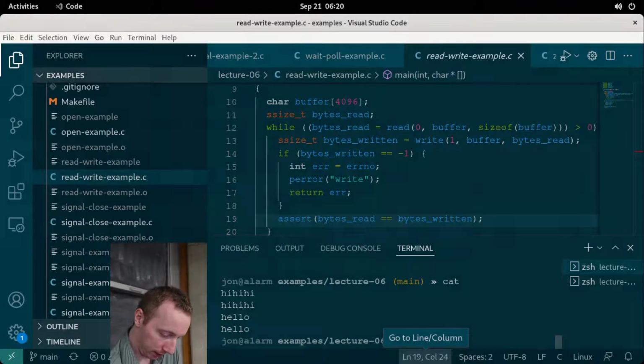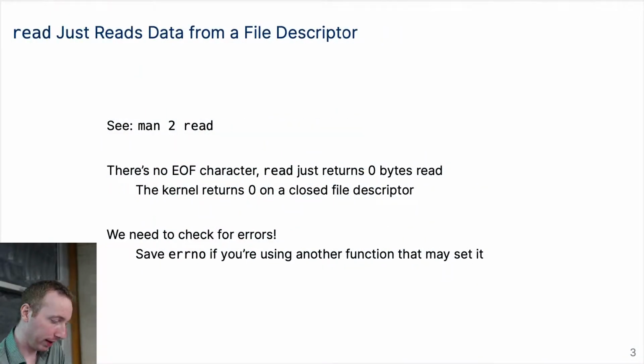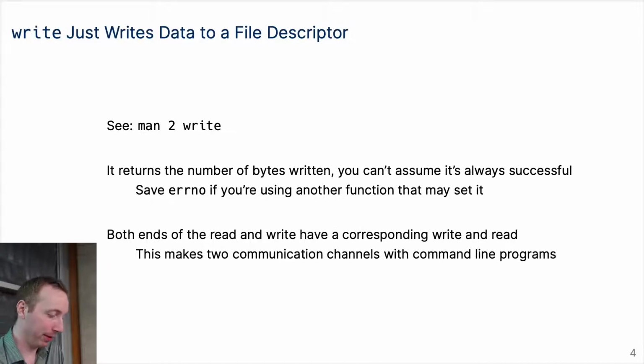Okay. So let's extend this a bit. Here's just for your reference, read just reads from a file descriptor. And if it returns 0, it means there's no more data to read from that file descriptor; it's essentially done with. You could go ahead and close it or just ignore it, whatever you want to do. But you should always check for errors too, especially for write.